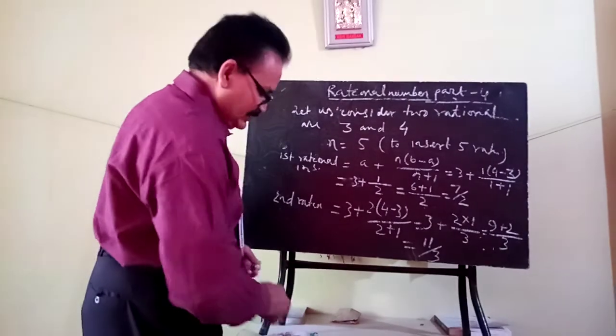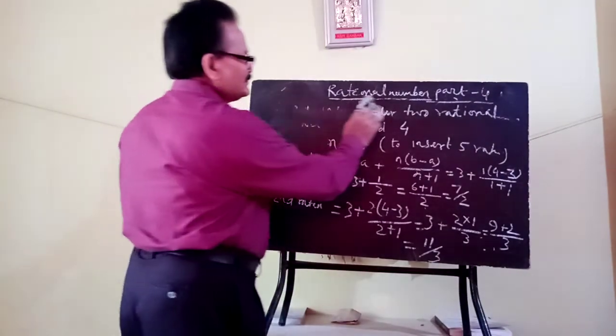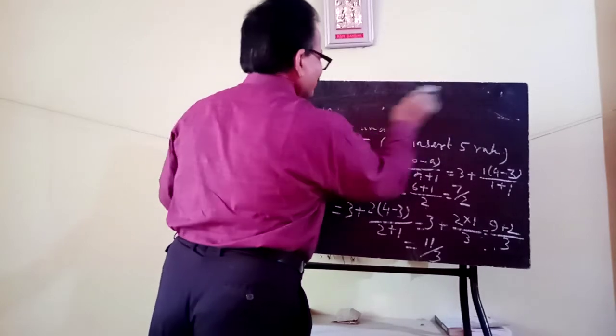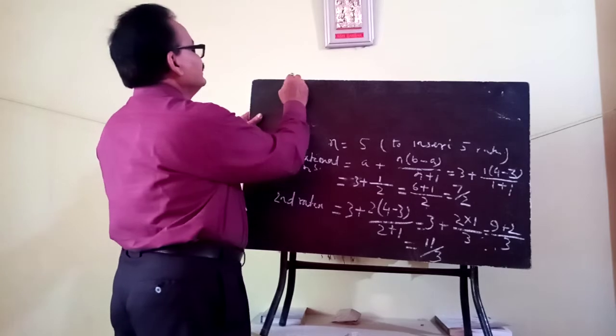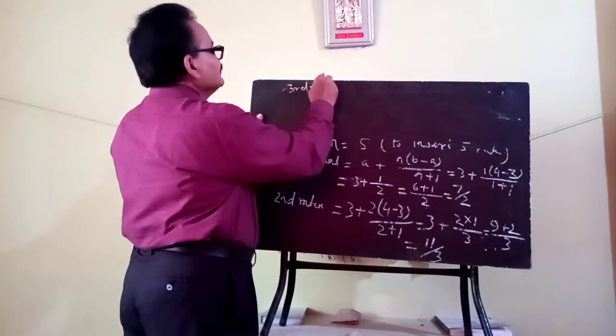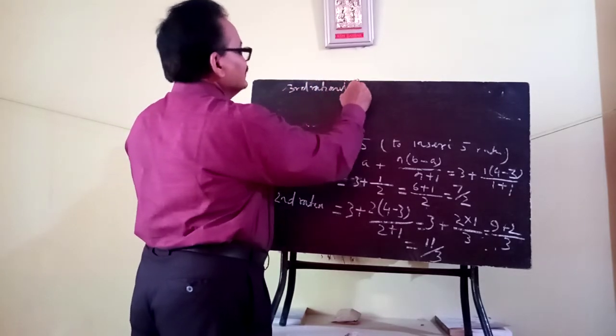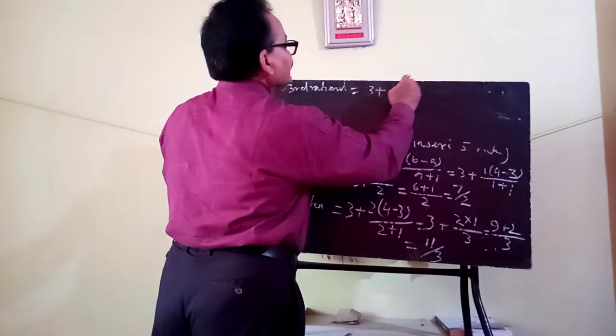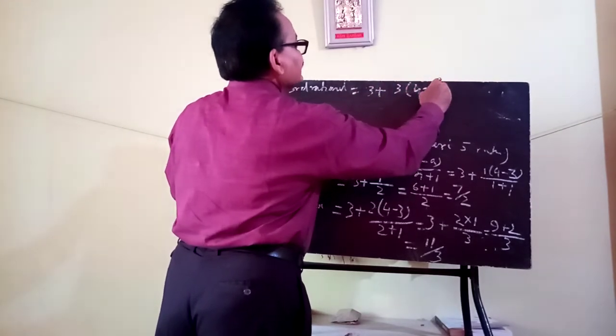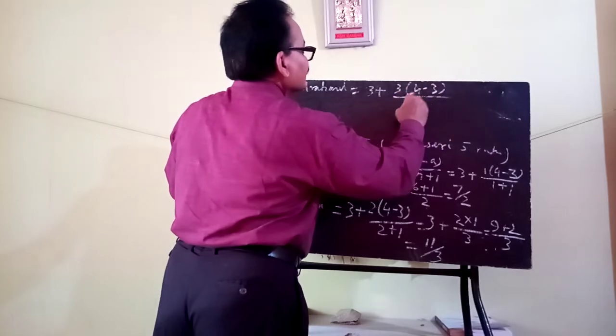Now if you want to insert third rational, third rational is your 3 plus 3 into (4 minus 3) by (3 plus 1).